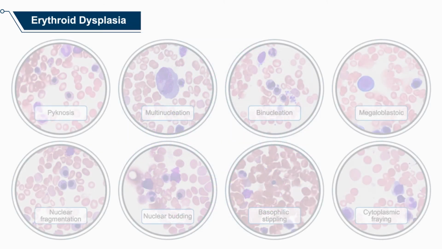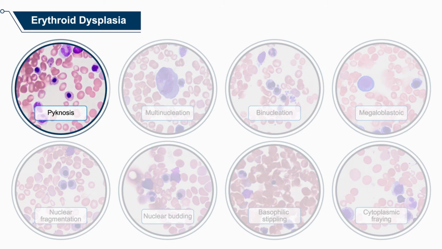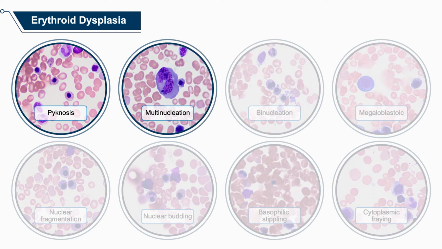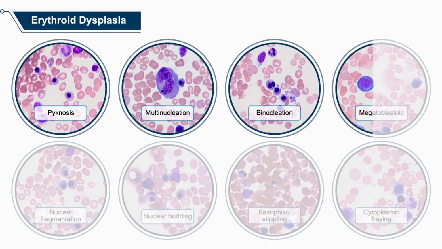Erythroid dysplasia can manifest also in various forms. There are examples shown here. This picture here shows pyknosis, which is a form of dysplasia. Multinucleation can be seen as a result of myeloid neoplasms, again manifesting as erythroid dysplasia. This is an example of binucleation, which is a form of dysplasia.